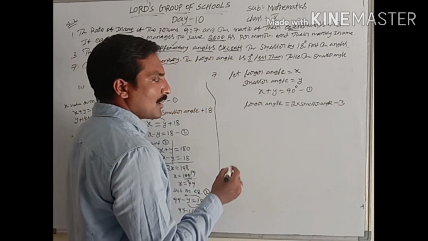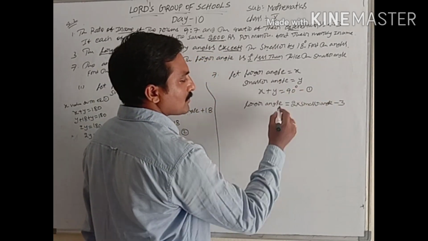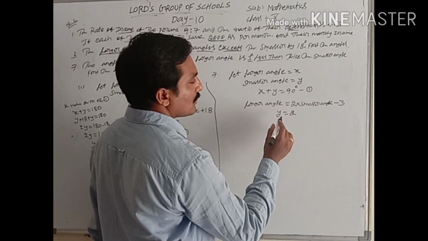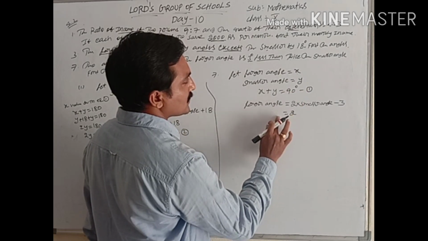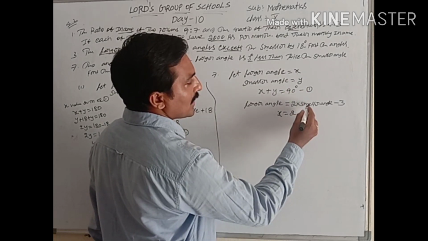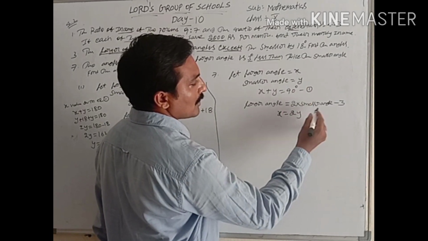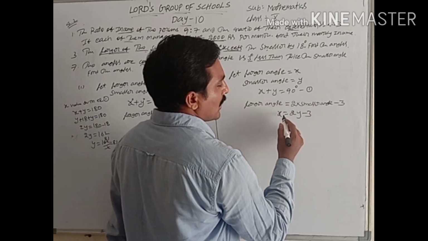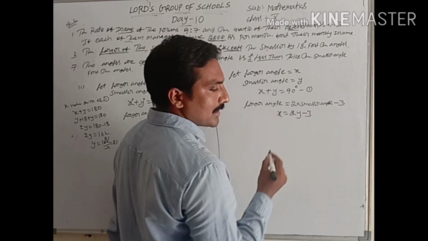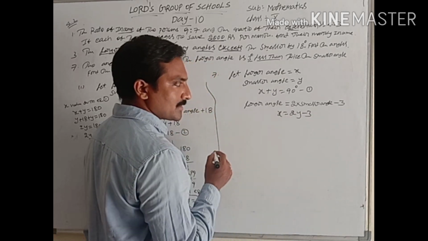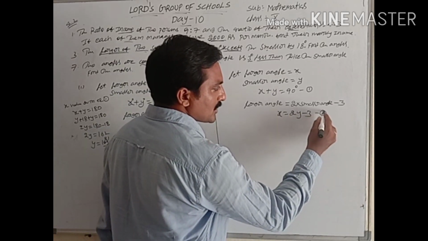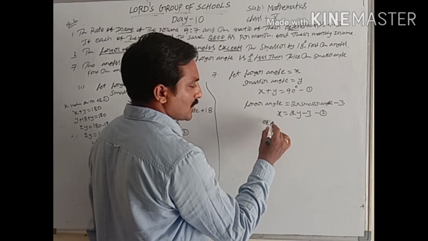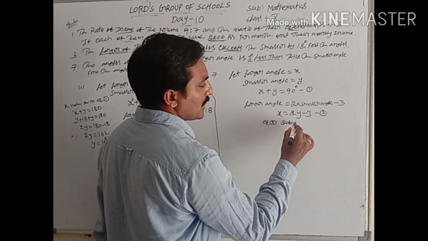The larger angle is represented with x, the smaller angle with y. Now x is equal to 2y minus 3. This is the second equation. By the substitution method, equation 2 is substituted in equation 1.